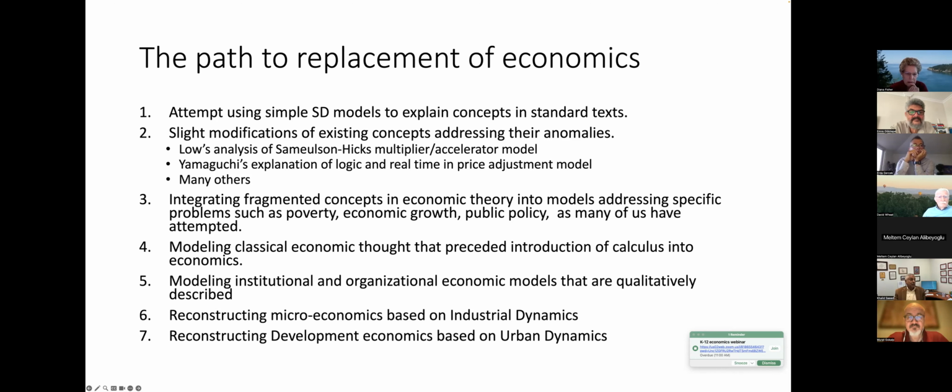And then there's Yamaguchi's explanation of logic and real time in price adjustment process that you find in his textbook. There are many others. Integrating fragmented concepts in economic theory into models addressing specific problems such as poverty, economic growth, public policy. Many of us have attempted that and can be brought to the classroom.